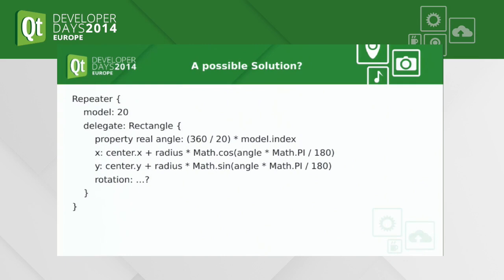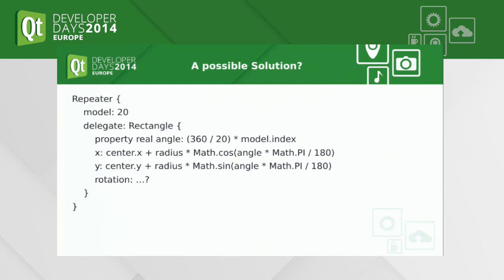In this example, we have a model with the number 20, so we have 20 elements. We instantiate 20 rectangles, and depending on the current model index that we get from our model, we calculate the current angle, and then we use some math that involves the center point, the radius, and the Math functions from JavaScript to calculate the x and y coordinate.